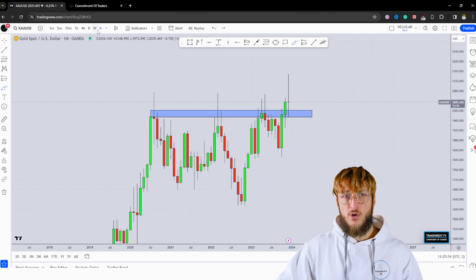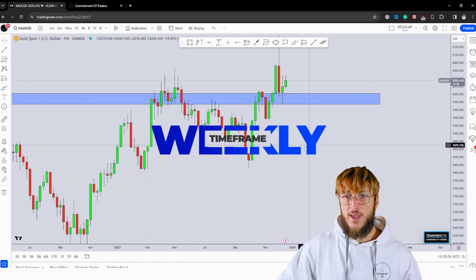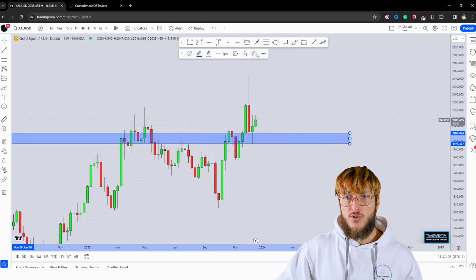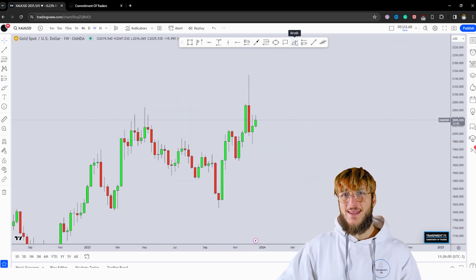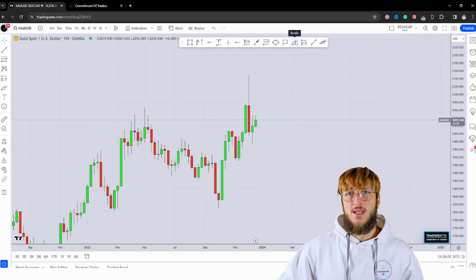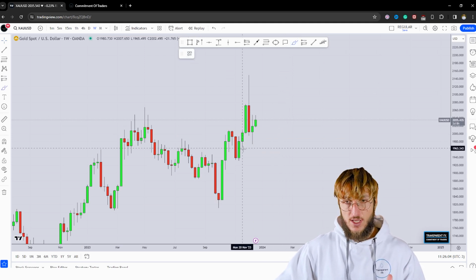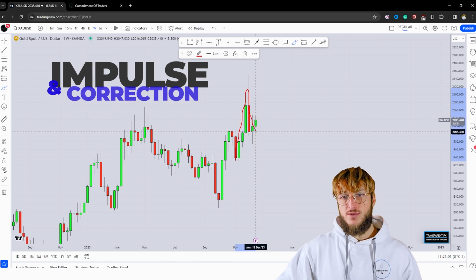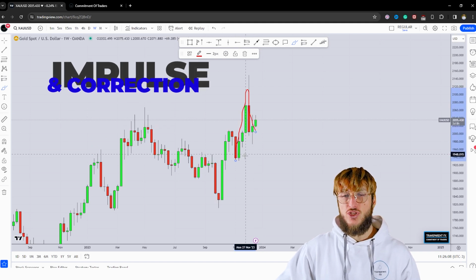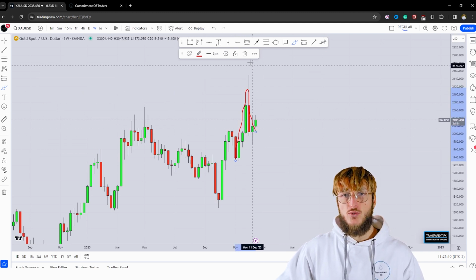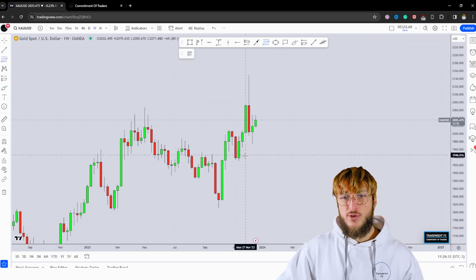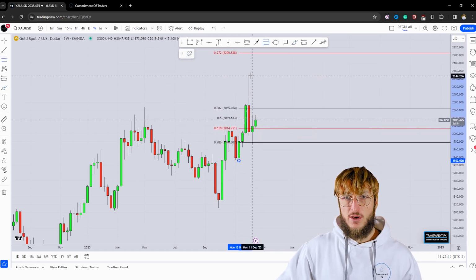Now, if we drop down on the weekly time frame, what do we have? Well, from a weekly standpoint, first of all, we can identify the pattern that the market has been creating so far. In fact, we can notice a very clear impulse followed by this correction. Now, in general, after an impulse, if you want to measure the correction, you have to take your Fibonacci from the low to the high of the impulse leg.